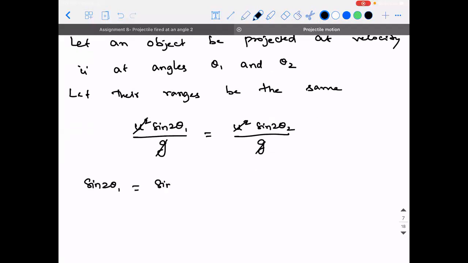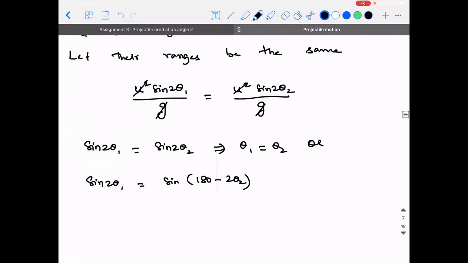Sin 2 theta 1 is equal to sin 2 theta 2, which implies theta 1 is equal to theta 2, or observe, sin 2 theta 1 can be written as sin of 180 minus 2 theta 2 also. Why did I write it like this? Because you know this fact, right? That sine is positive in the first and the second quadrant.